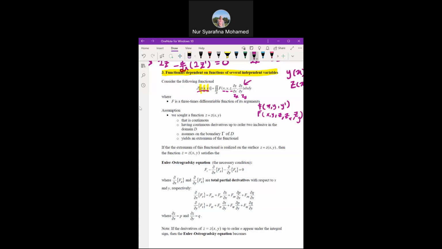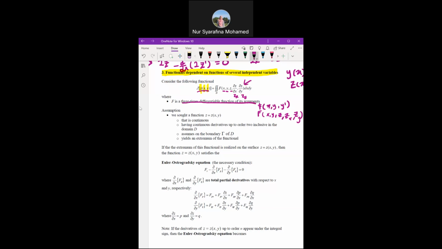So that's why f here is a three times differentiable function of its arguments. We differentiate z itself by differentiating z with respect to x and with respect to y.